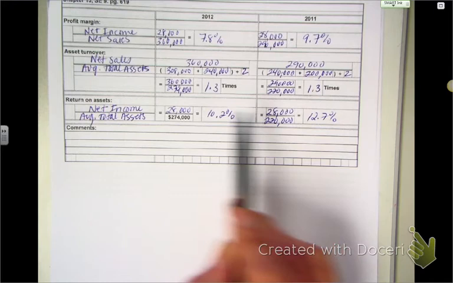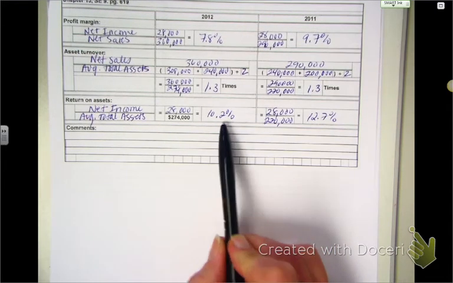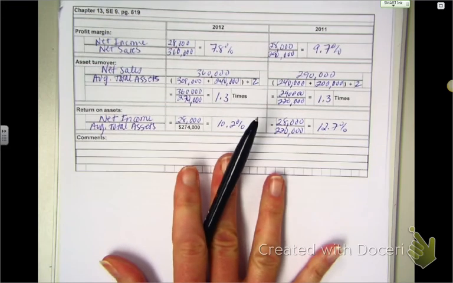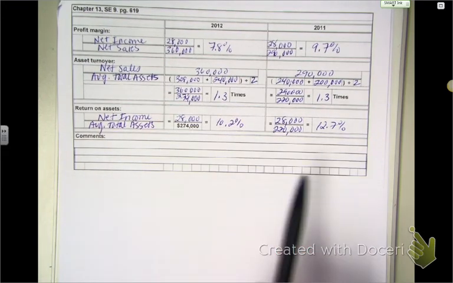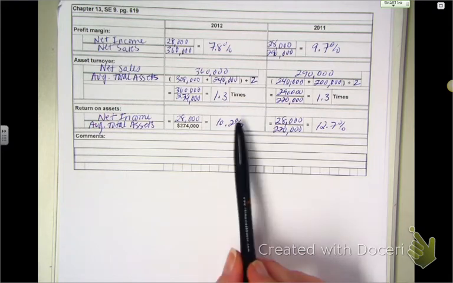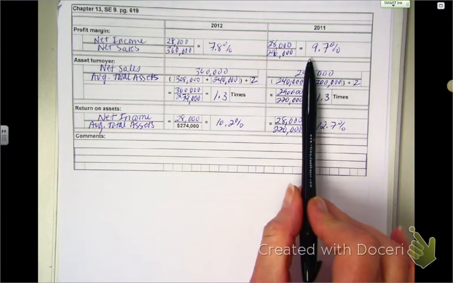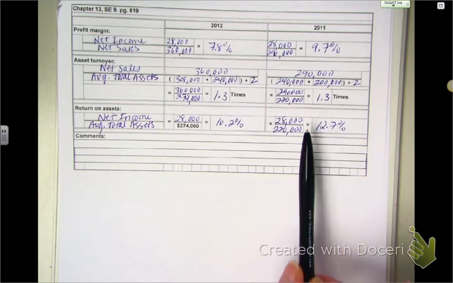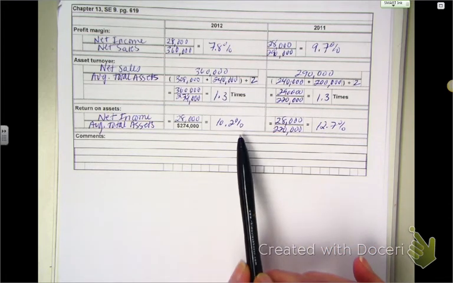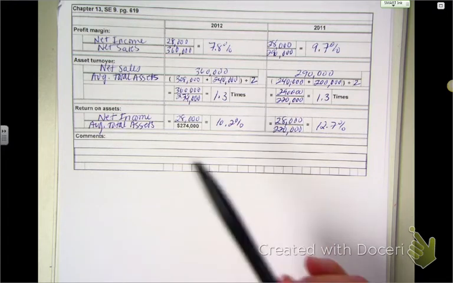So if we're looking at 2011 to 2012, we can see that in trying to analyze the profitability of this company overall, their profitability went down. Their profit margin declined. In addition, their return on assets got a little bit weaker, and at best, the asset turnover stayed the same.